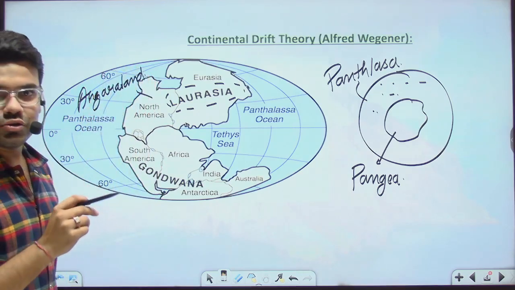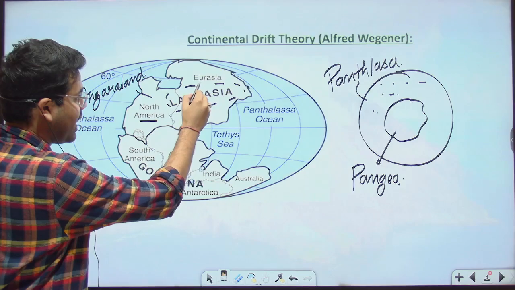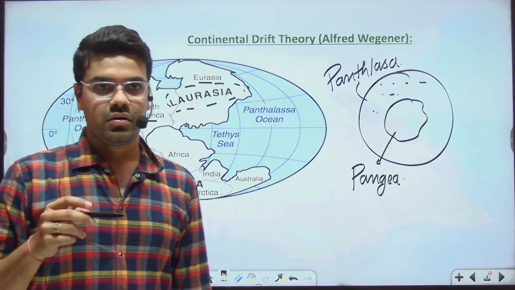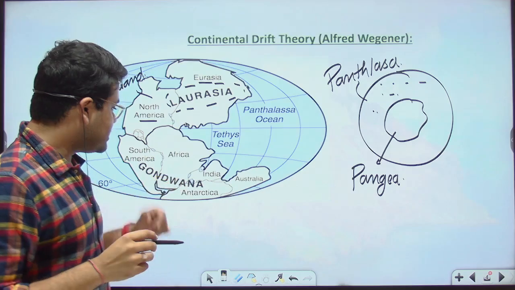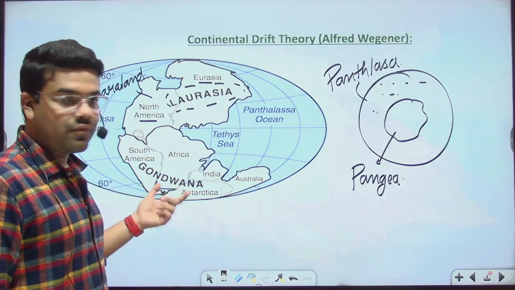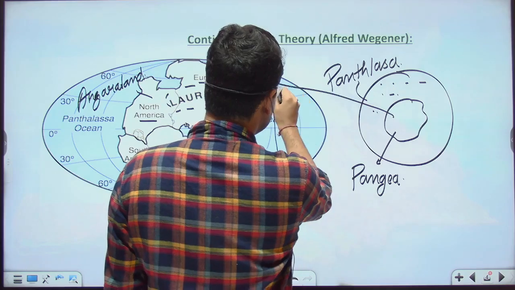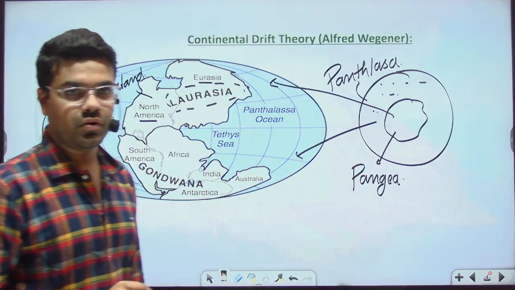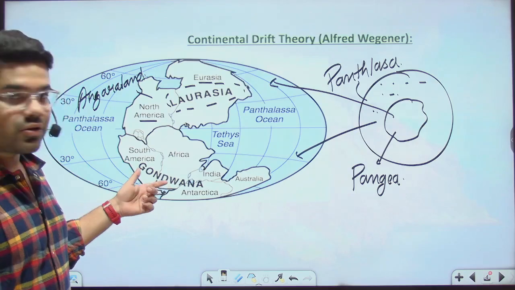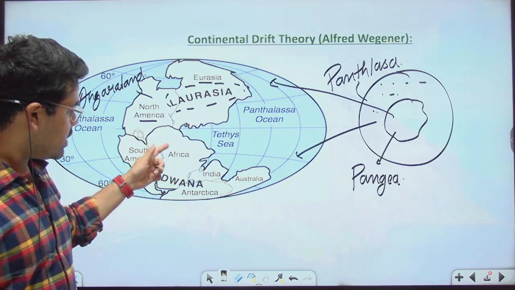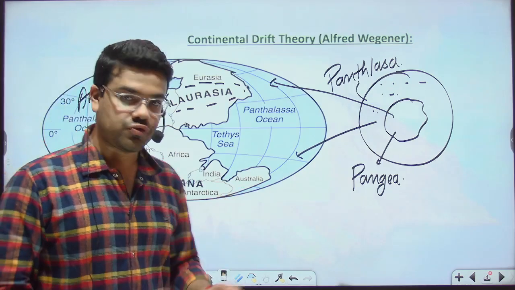Angara land constitutes the continents of North America as well as Eurasia. And the southern part is said to be Gondwana land. What's happening here? Pangea is getting split into two parts. Gondwana land constitutes the continents of South America, Africa, India, Antarctica, and Australia.